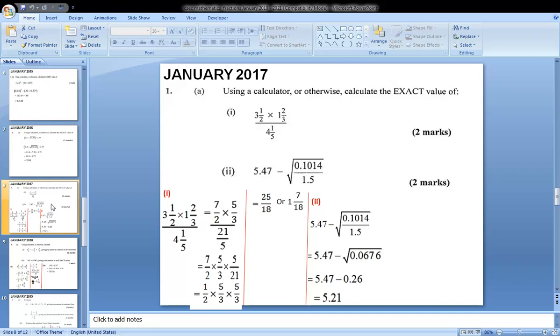And then we simply find the square root of that, which is 0.26. So we can now subtract 0.26 from 5.47, which gives us 5.21. That's just simple steps in how to calculate that.